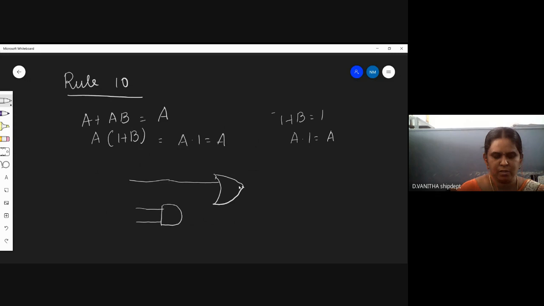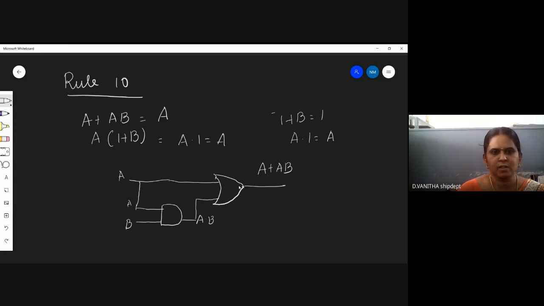From this, you can take that A. Okay. So this is A. This is also A. A into B. So this is A into B. So this can be taken as the input of the OR gate. So A plus AB. So this will be the answer for that. So this is for rule 10.